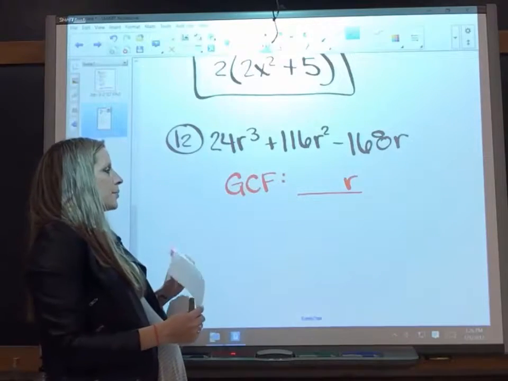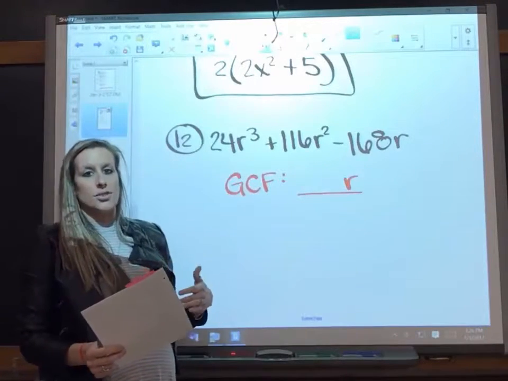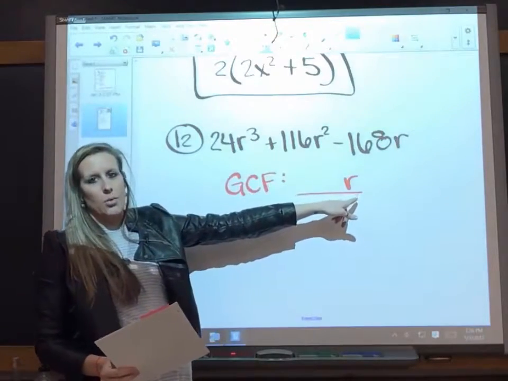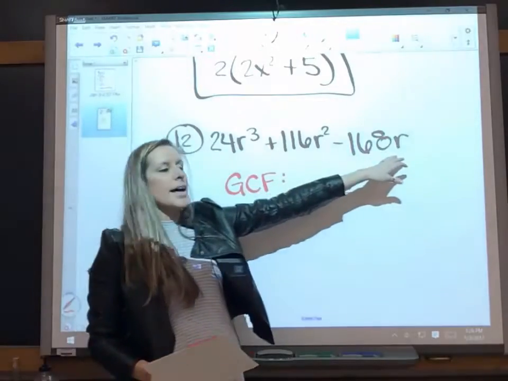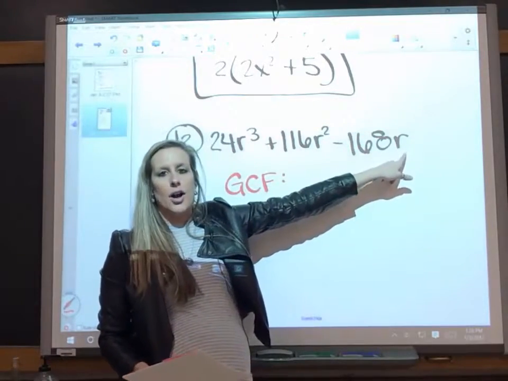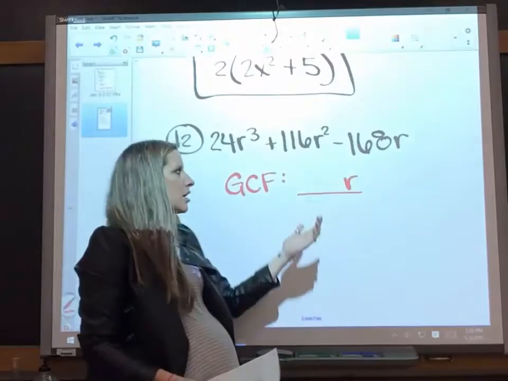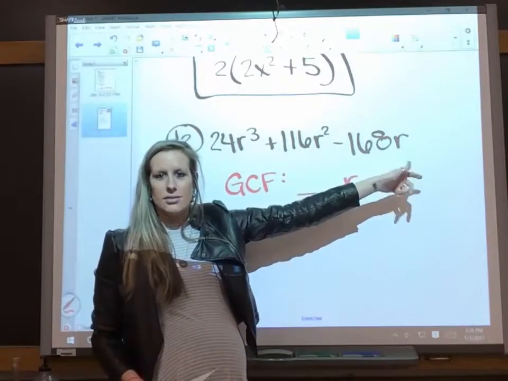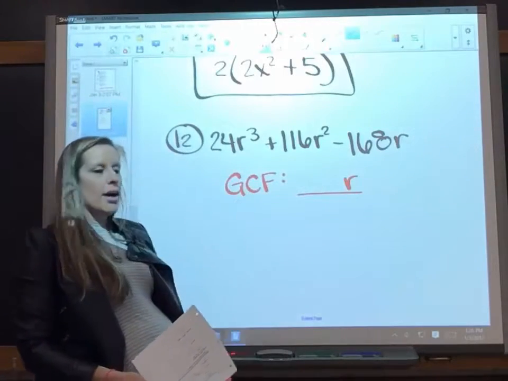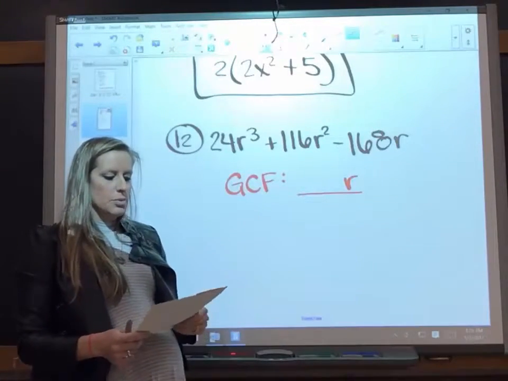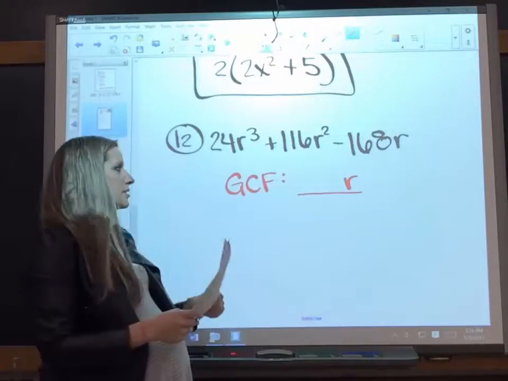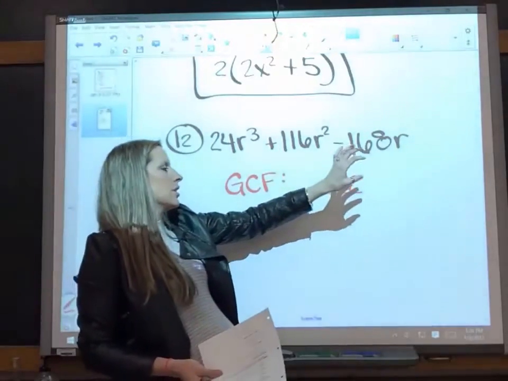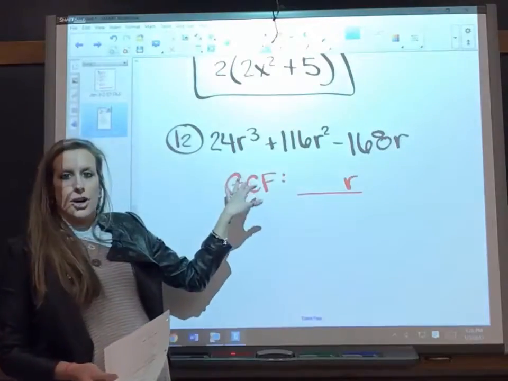You want to take out as many r's as you can from all three terms. The reason we're only taking out one is because in this last term, we can't take out more than one r because there's only one r there. So I can't take out an r squared because there's not enough to take. Does that make sense? There may be some problems where you take out an r cubed because you can take an r cubed out of all three. But it has to be able to be taken out of every single term.